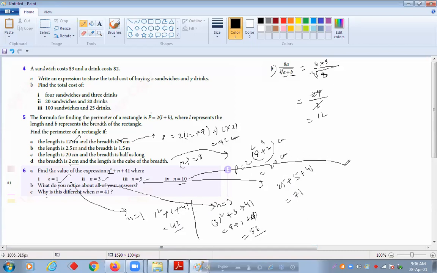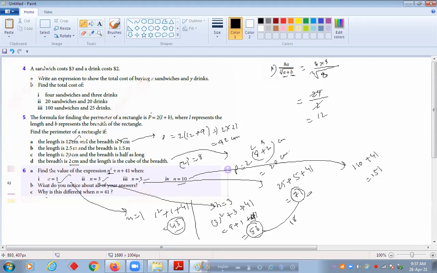And when we put n equal to 10, 10 square means 100 plus 10 is 110, plus 41. That means 151. What is the similarity between these answers? This is 43, this is 53, a difference of 10. 53 and 71, how much is the difference? 18. 18 difference.